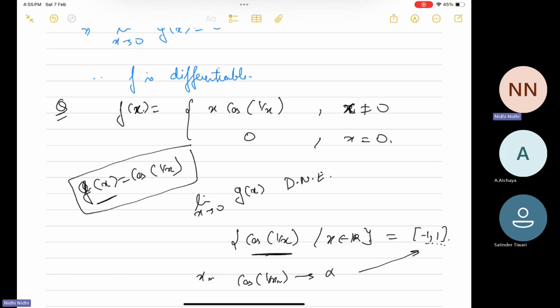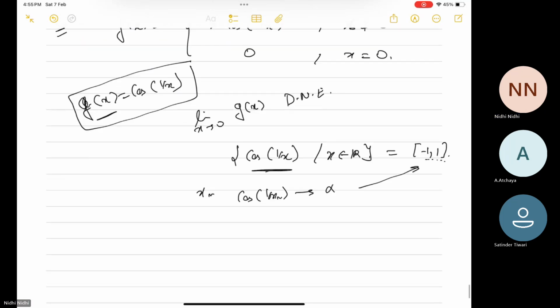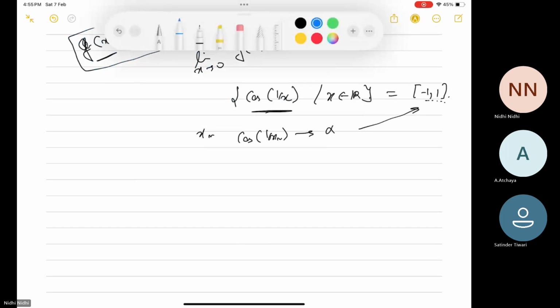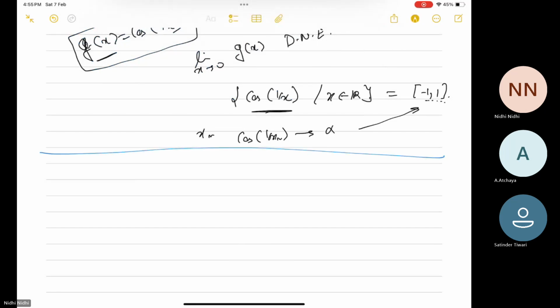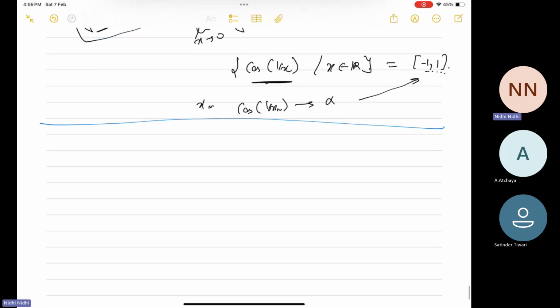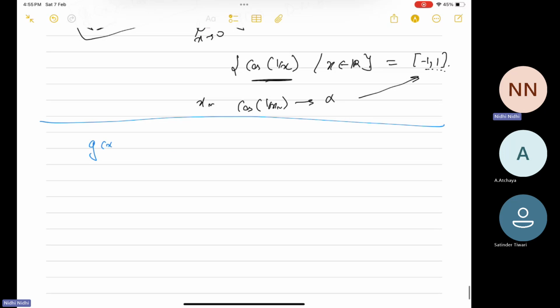Okay, I'll explain it in detail. I'll write it. So till here it is fine. g(x) will be cos(1/x).